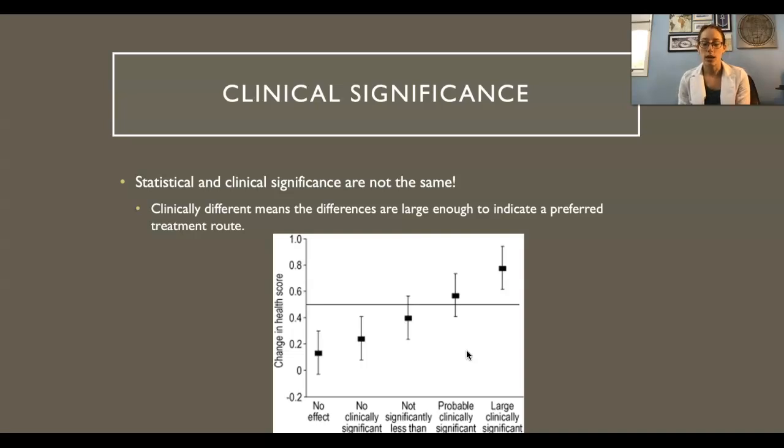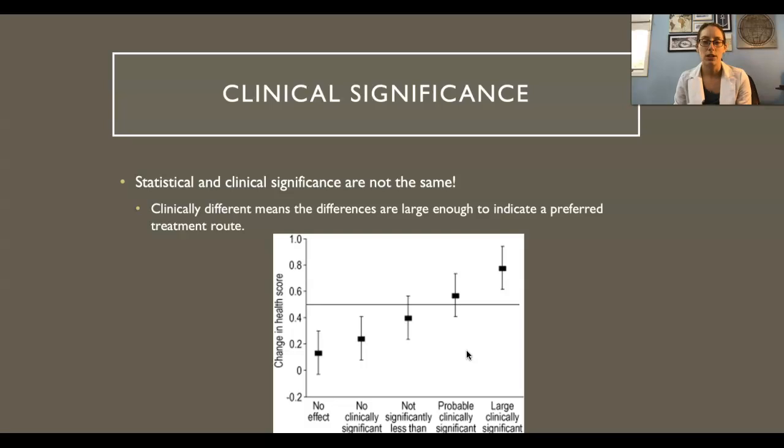So for example, in our heart attack patients, say that there's a clinically significant difference in the outcomes of our patients if they take an aspirin during the first hour of having chest pain signs or symptoms, right? A large enough clinical significance means we would tell all patients who have that problem to take aspirin within the first hour of signs or symptoms of a heart attack.